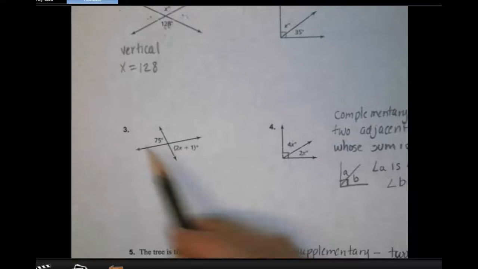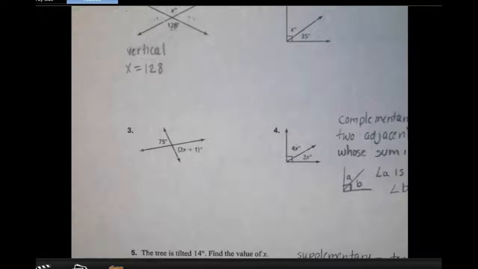Okay, so let's look at 3. First, we're going to identify, are they vertical or adjacent? Raise your hand if you have an answer. Greg, are they vertical or adjacent? They're right next to each other, B and D, C and B. They're vertical.